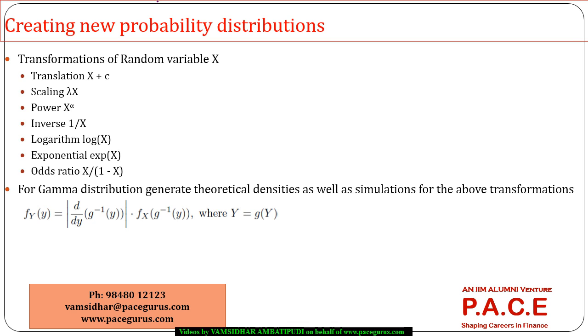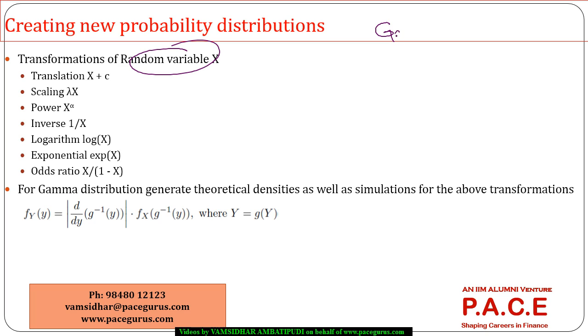Even if I try to fit any of these distributions to the data, it might happen that none of them fit the data appropriately. In that case, we may have to create new distributions altogether, by doing transformations of x.